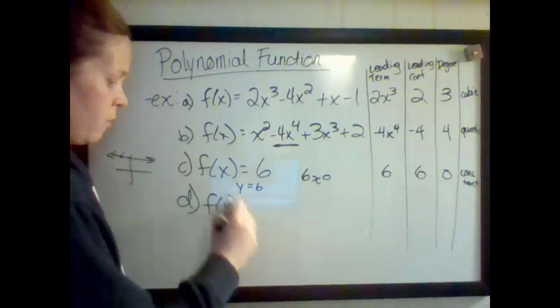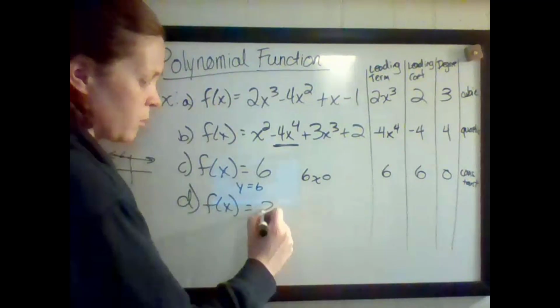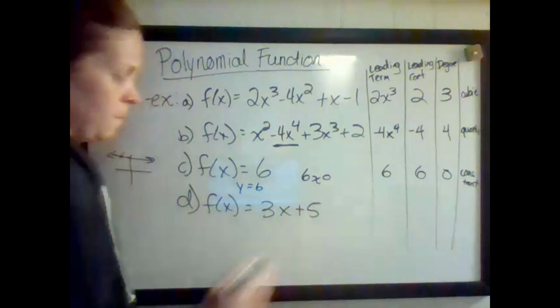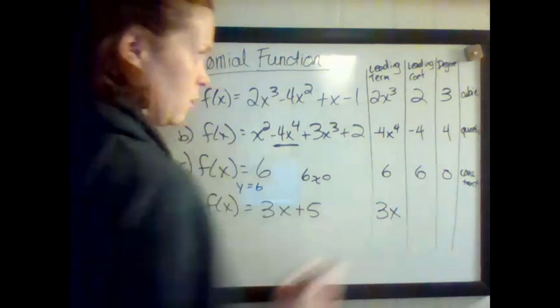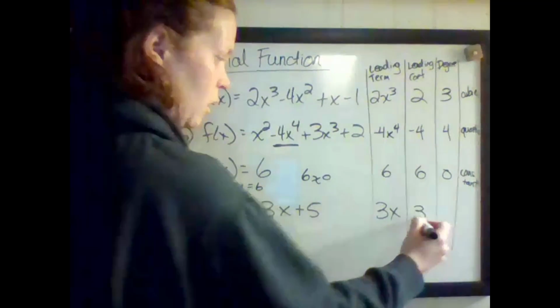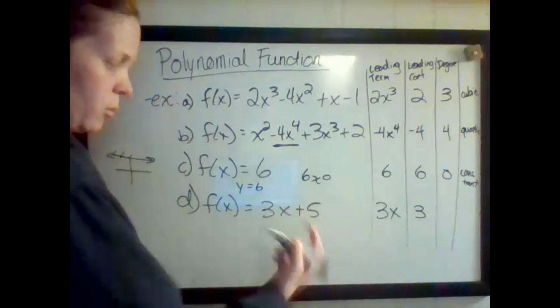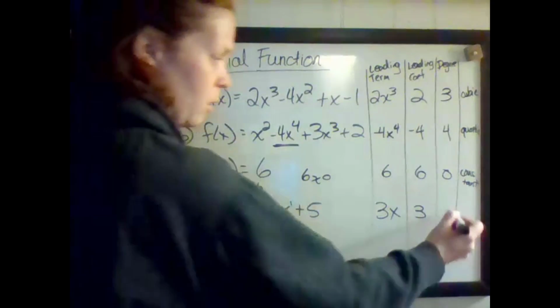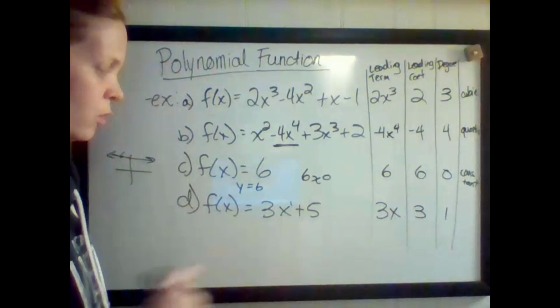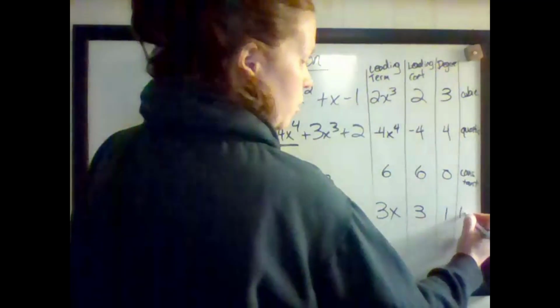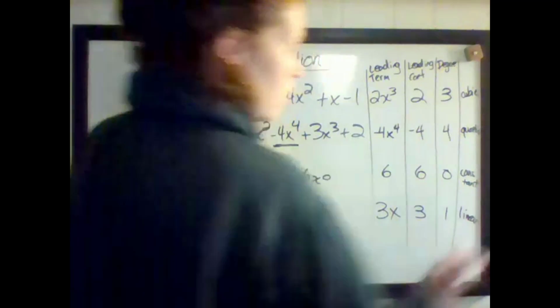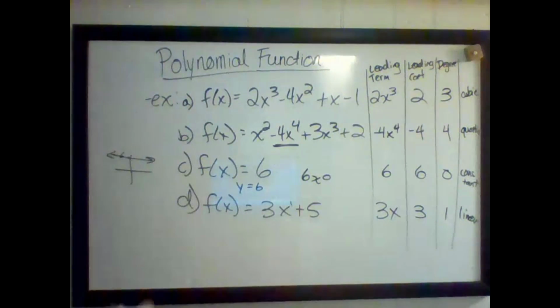Okay, how about f of x equals 3x plus 5? That's in descending order. First term, 3x, leading term, leading coefficient's 3. Degree is, I mean, we don't see the exponent, but that's like a 1 right there. So the degree is 1. And this would be what type of function? A linear function.